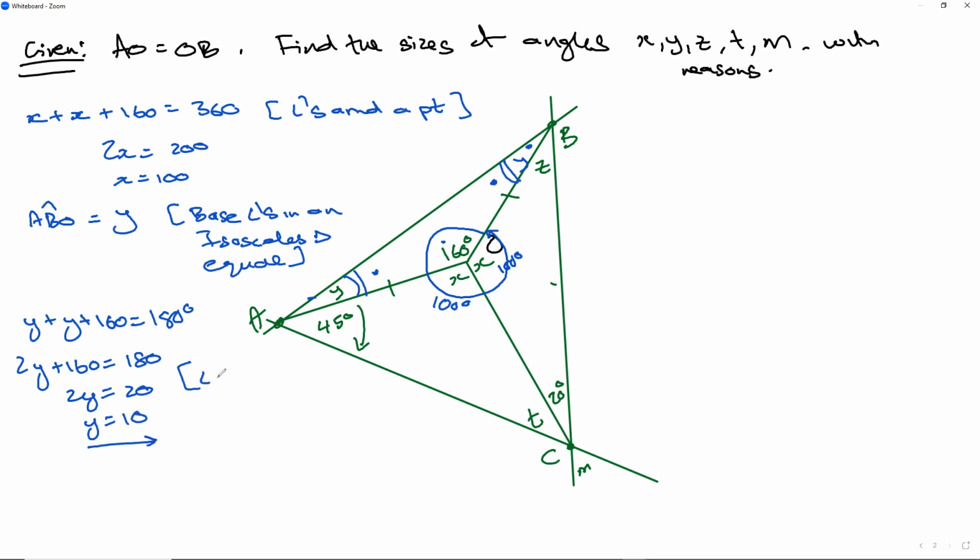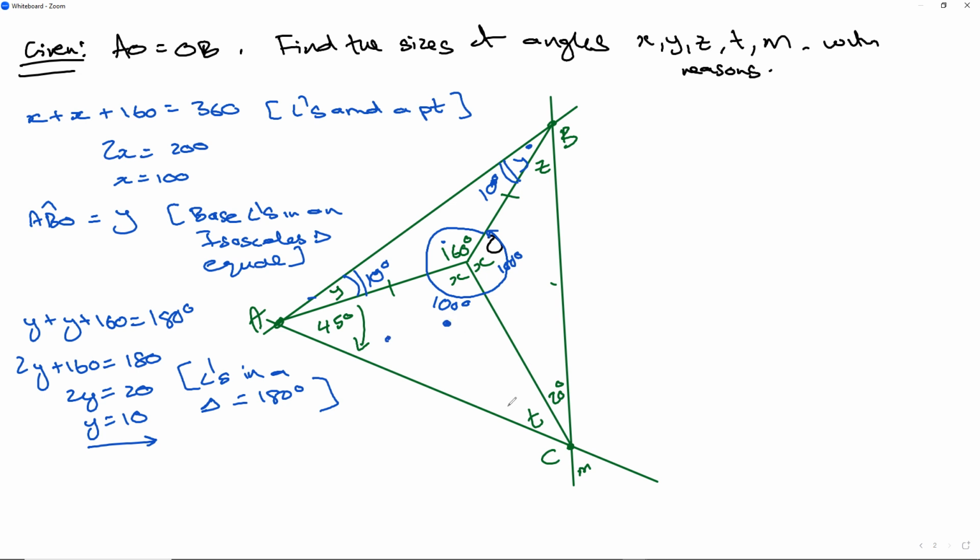And the reason is because angles in a triangle equal 180 degrees. Again, you can see I've got a statement, reason, statement, reason, statement, reason, as I'm building this picture. And once I've got that, I label it in there. I'm just going to write it on the outside. So 10 degrees goes in there.